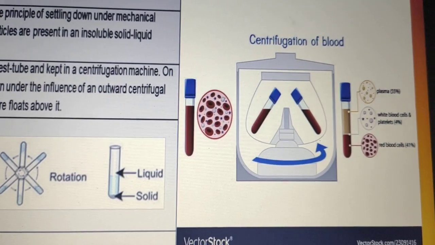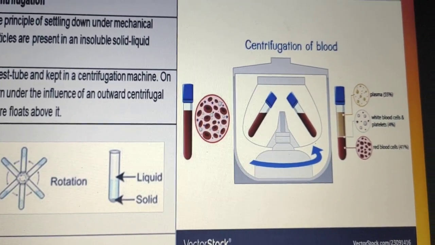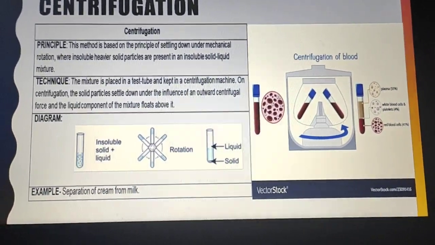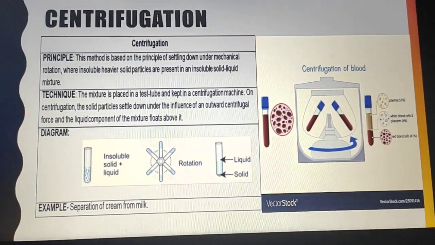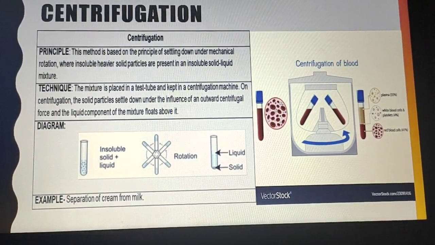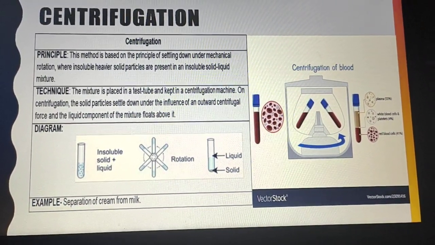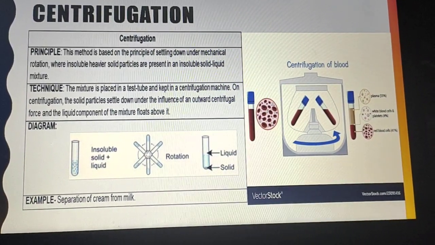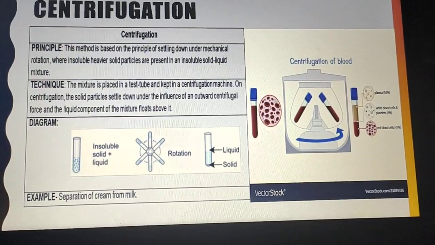When it rotates, the plasma and the red blood cells get separated, and you get each component from the blood. So centrifugation is a technique based on the principle of settling down under mechanical rotation, where insoluble heavier solid particles are present in an insoluble solid-liquid mixture.